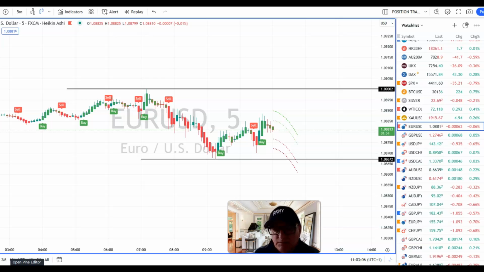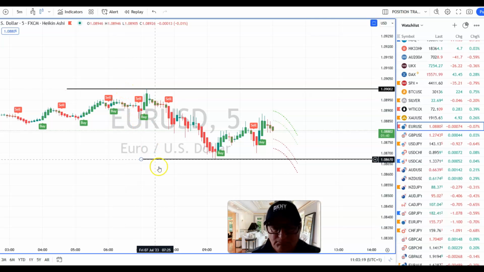So this is what I've done, and I'd recommend that you don't do this, but this is what I've done. I would prefer to see the market, this is euro dollar by the way, much narrower than this, completely sideways. But nonetheless, this is the idea. So we would work out the high for the previous day and the low for today.